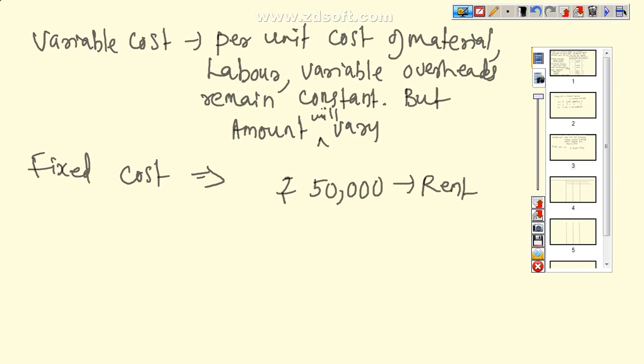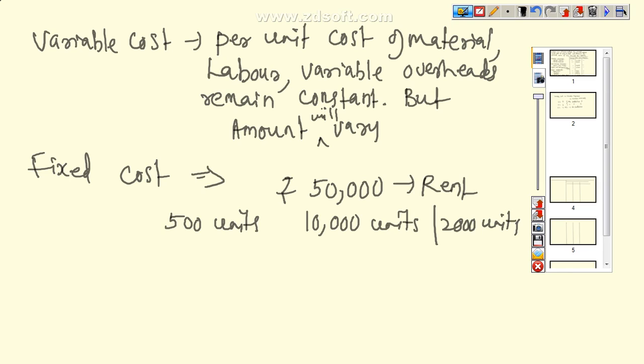Now whatever may be the level of production, suppose he is manufacturing 500 units, or 10,000 units, or 2000 units, whatever may be the level of production, he or she has to pay the same rent. So in case of fixed cost, amount remains constant.